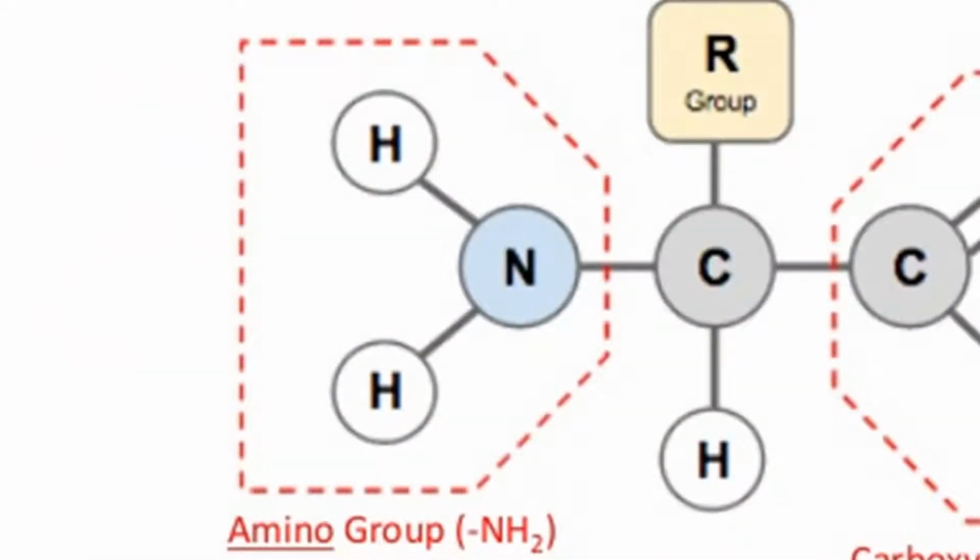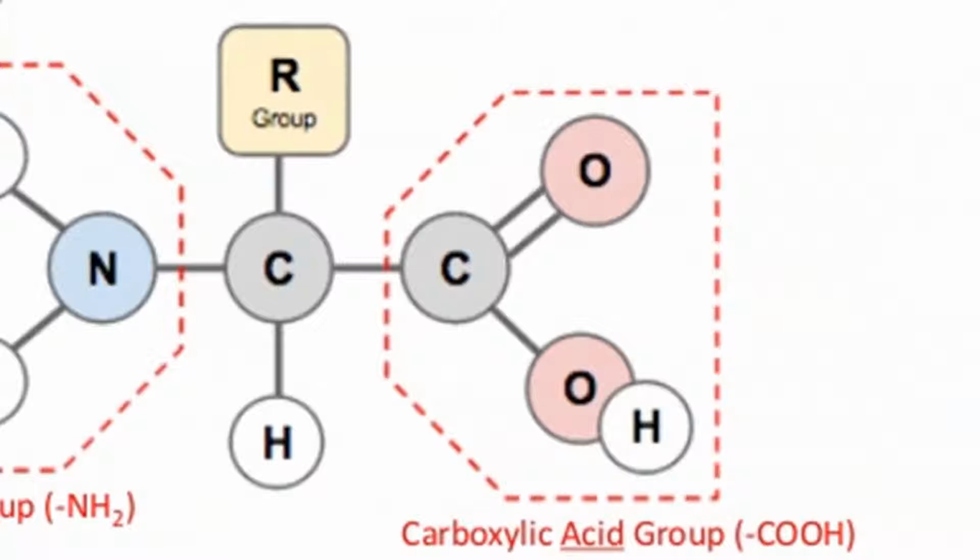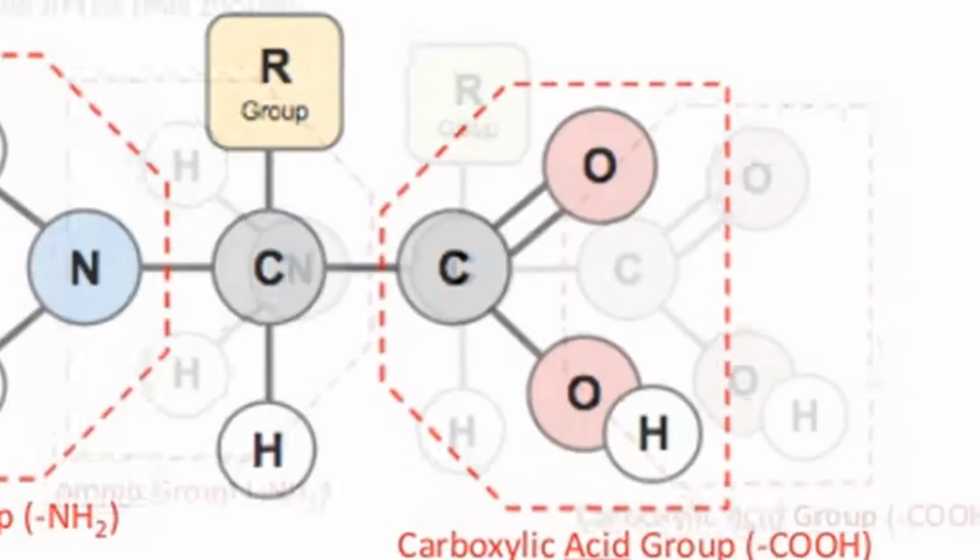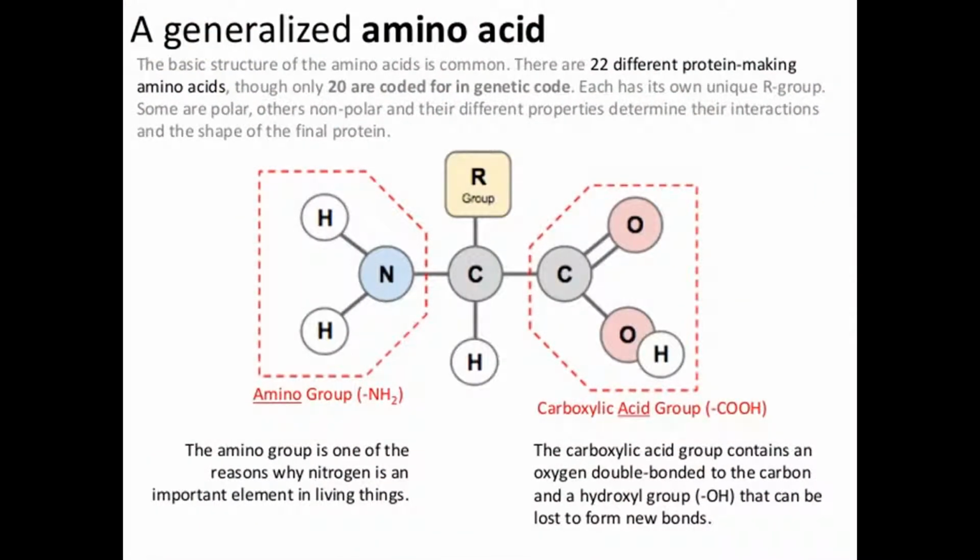There is a central nitrogen atom bonded to 2 hydrogen atoms. On the other side, there is a carboxyl group, COOH. The central carbon atom is double bonded to 1 oxygen atom and also bonded to a hydroxyl group. Finally, there is a hydrogen atom, and an R, or variable, group. This is the basic structure of an amino acid.